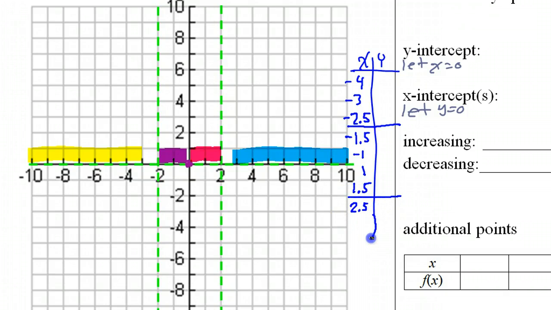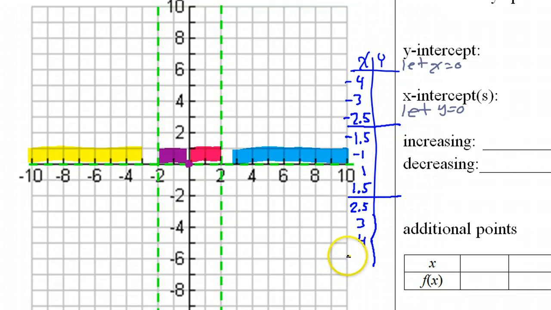I want to know what's going on there. And 3 would be good to have, and 4 as well. All these values would be good to have.